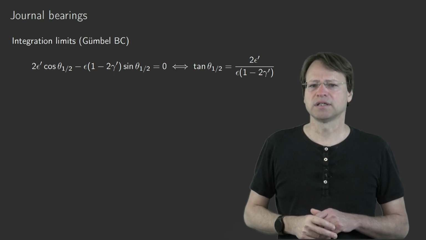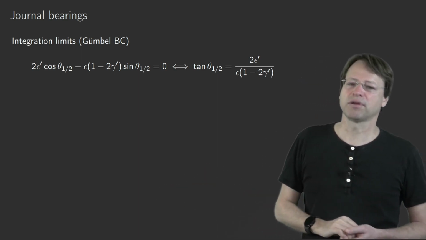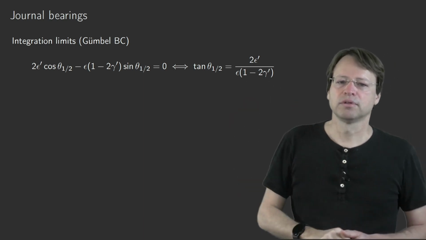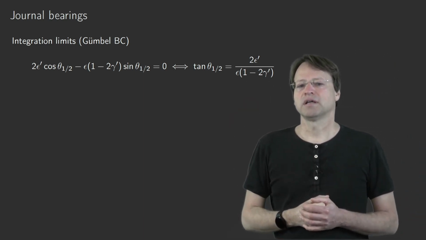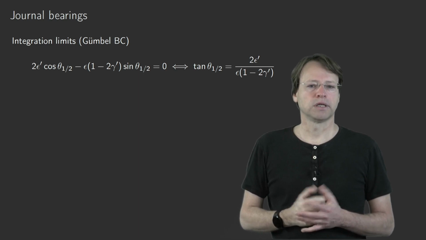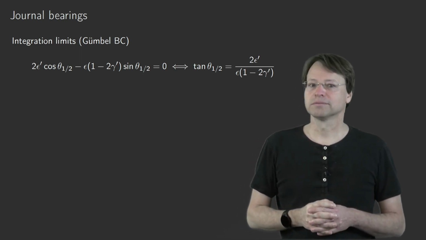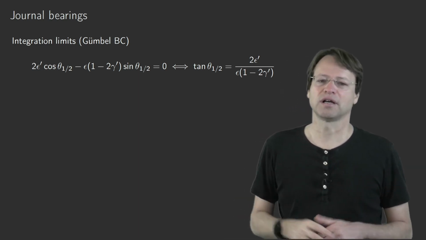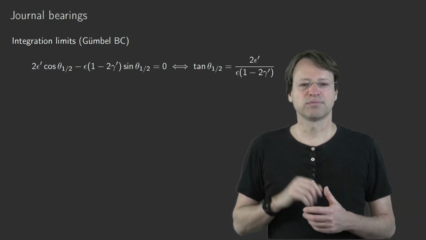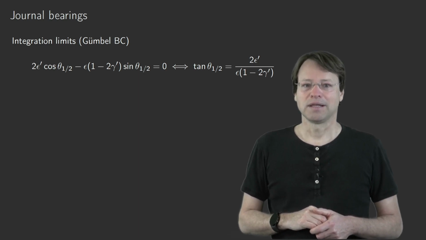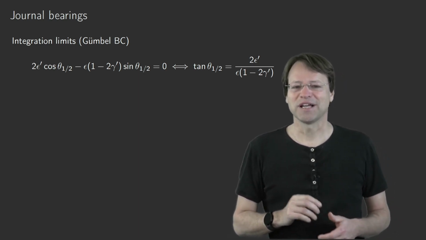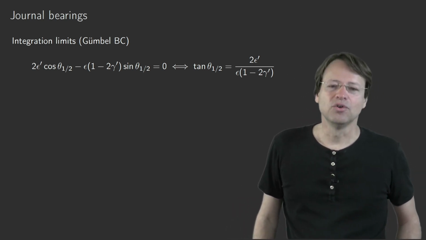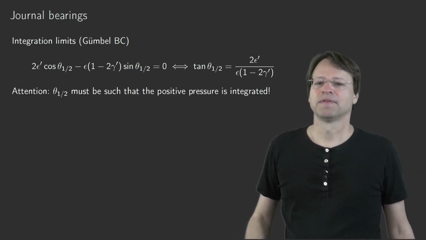There were strange results, and he found out that it has to do something with the short bearing module. And then we looked at exactly that point, and what he did was he took the arcus tangent. And then I asked him, well, are you sure that by taking the arcus tangent, asking your computer just to compute the arcus tangent, you get the positive pressure hill? Well, and the answer is no, you can't be sure. So therefore, let's look in more detail at that case.